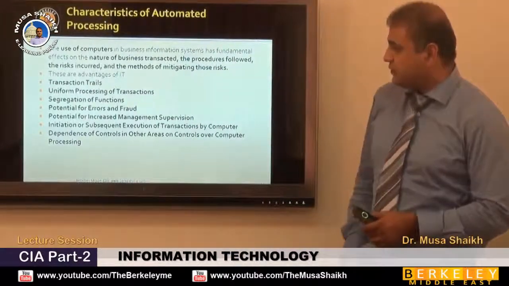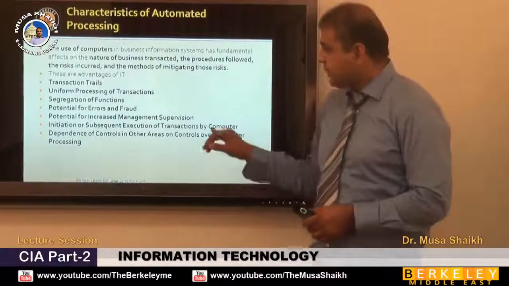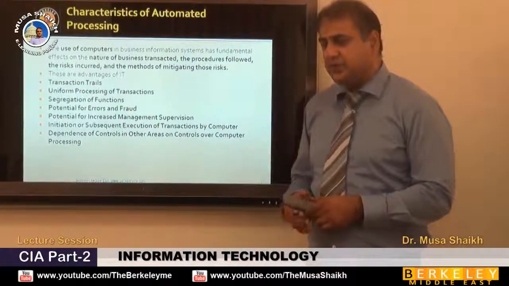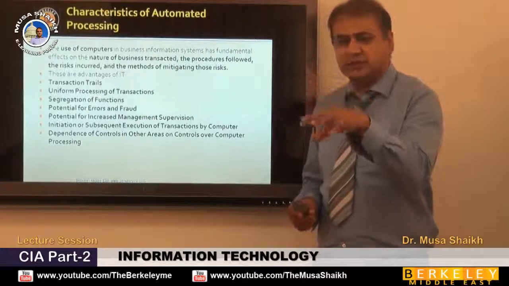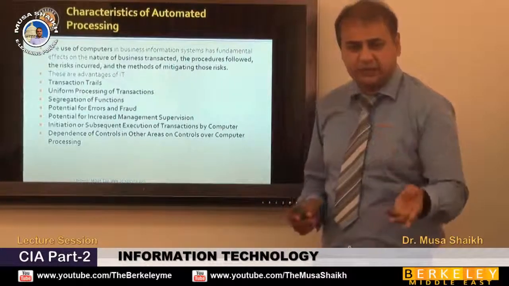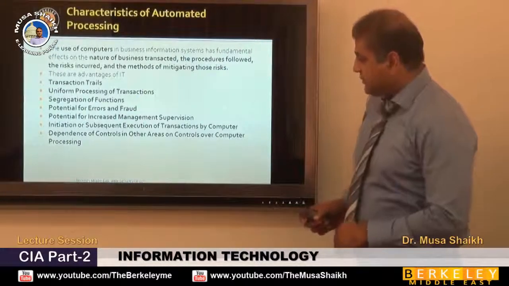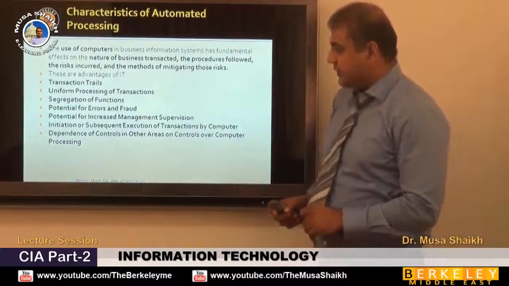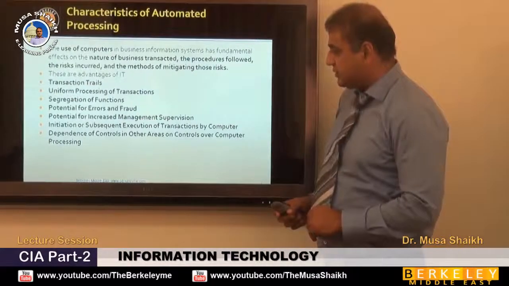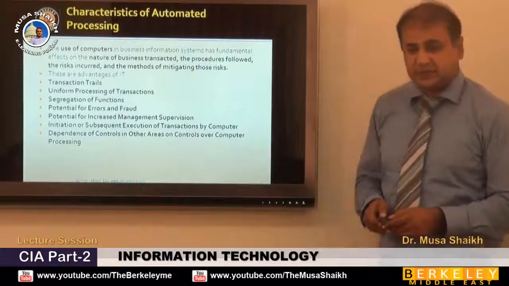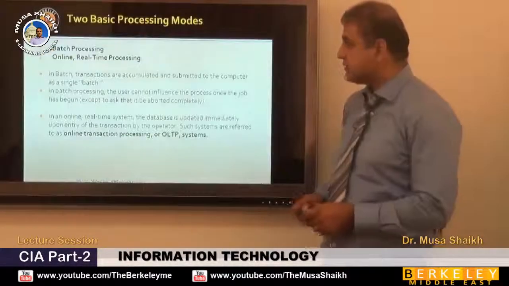Potential for error and fraud has reduced. Potential for increased management supervision is there because you can restrict it, so no one will post a batch until it is reviewed and signed by the manager. Initiation or subsequent execution of transactions by computer, and dependence on controls in other areas, and control over processing is very easy. These are the advantages of IT systems.